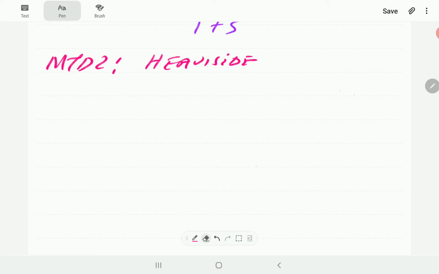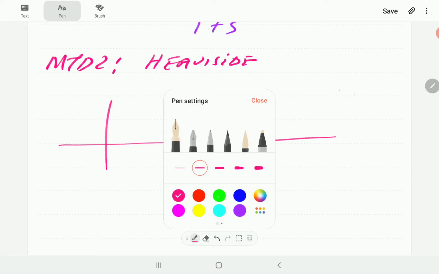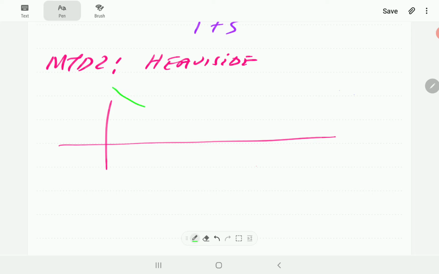So for this function, if I just make a quick sketch, between 0 and 4, the function is defined by e to the minus t, so e to the minus t there, and then from 4 to infinity the function is 0.